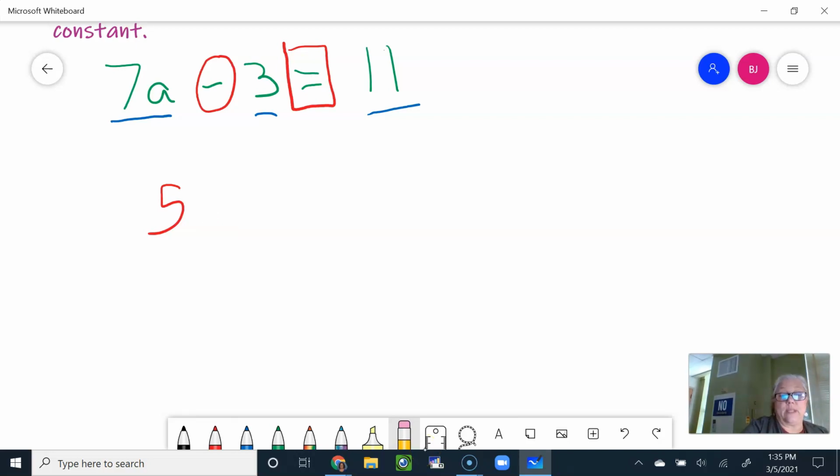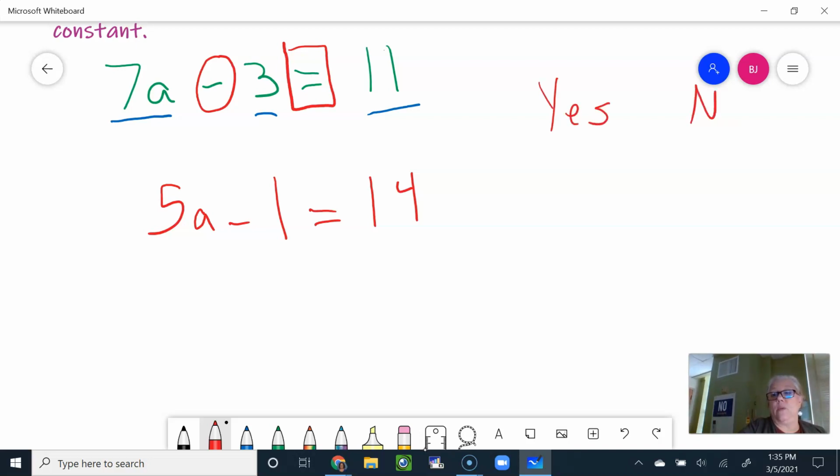Let's put that A better. 5a minus 1 equals 14. Is this an equation? Yes or no? I'm going to write several of them down, with yes here and no here.